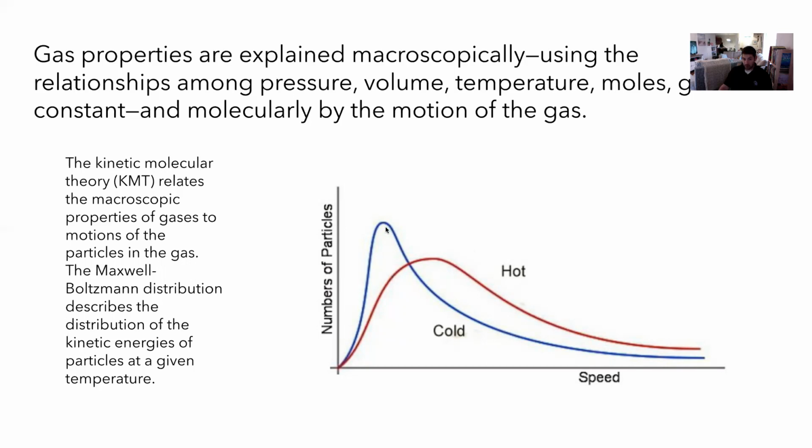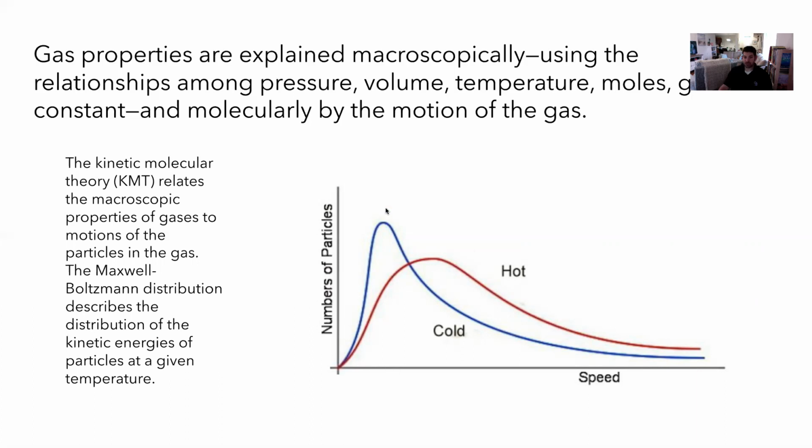For any gas, not every particle is moving at the same speed. Some particles are moving faster, some particles are moving slower. There is a whole range of speeds that the gas can be at. In a colder gas, the largest number of particles, the average, is going to be lower.